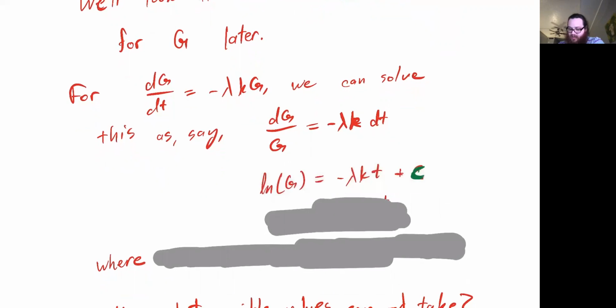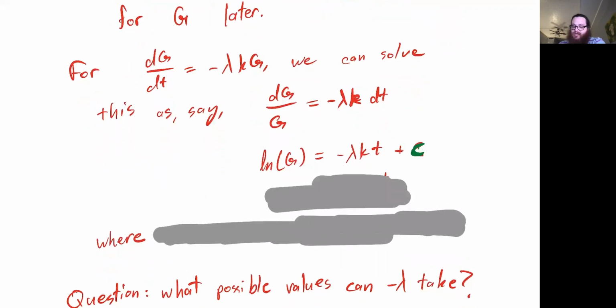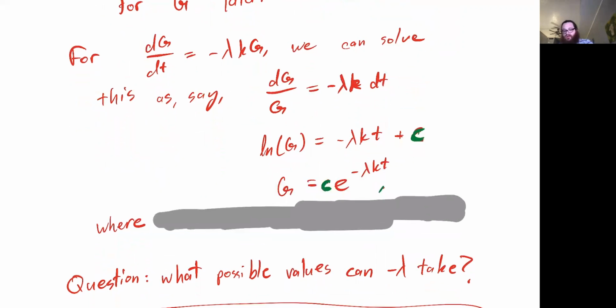Integrate both sides, we get log of g is equal to minus lambda k t plus some constant. Then taking the exponent of each side and moving this constant in, we can write g in this form.